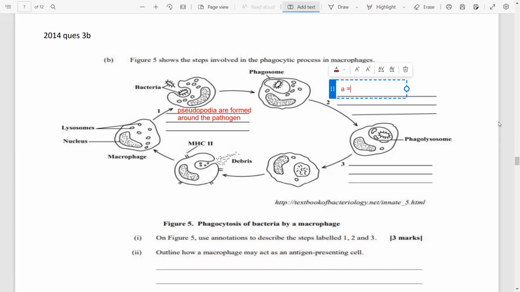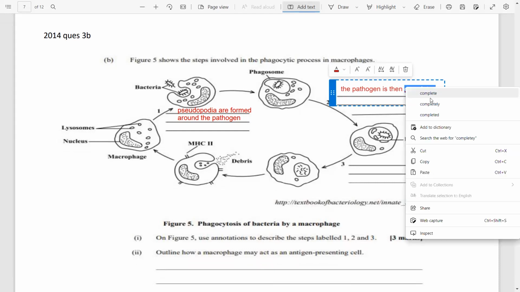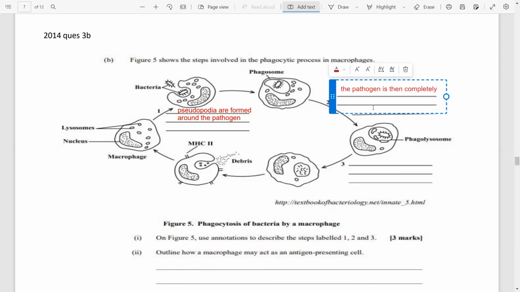So I should say the pathogen is now completely surrounded by a membrane, and it's contained in a vacuole.